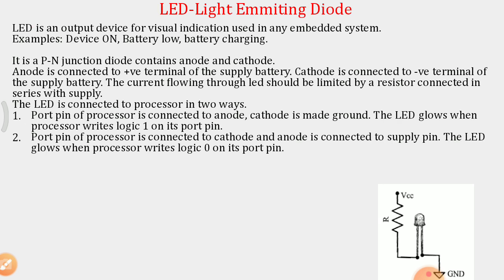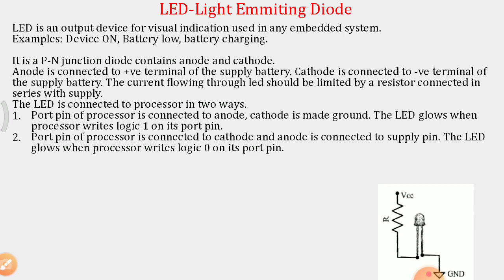LED, light emitting diode. Here LED is an output device or actuator, we can call it, where it is used for visual indications. It is used in any embedded system.